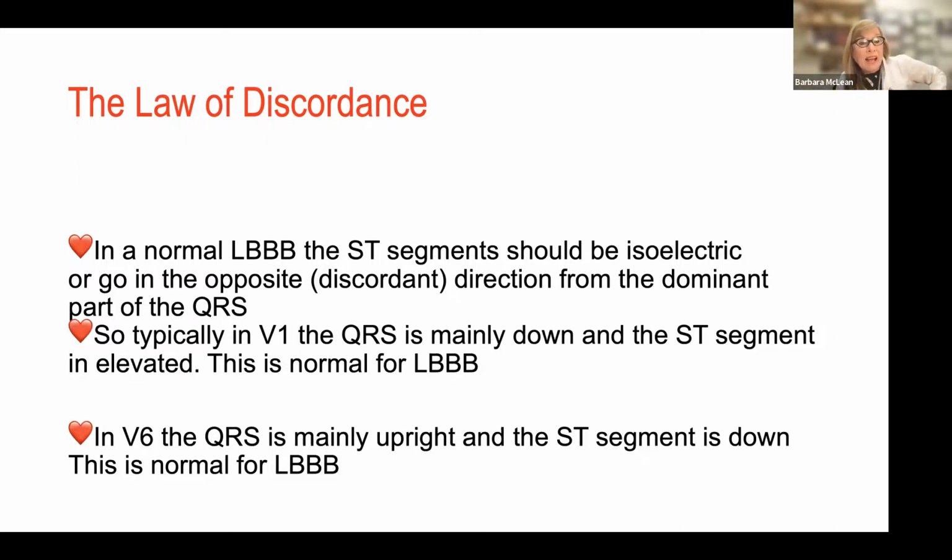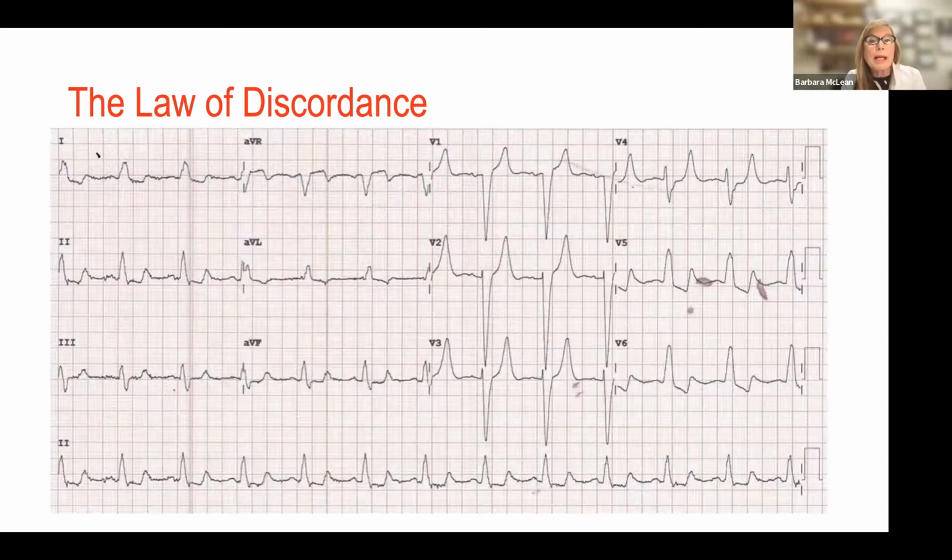So in V6, I expect discordance. But if it's concordant, meaning I have a big wide R wave with ST segment elevation, that's a STEMI. So that's really important. Discordance proves bundle branch block. Bundle branch block with STEMI will not be discordant. That's about as simple as I can make it.